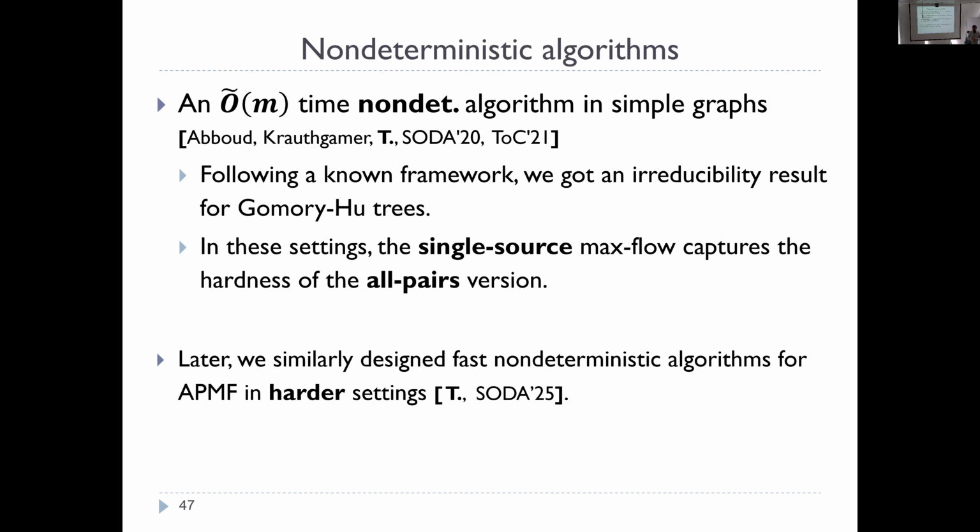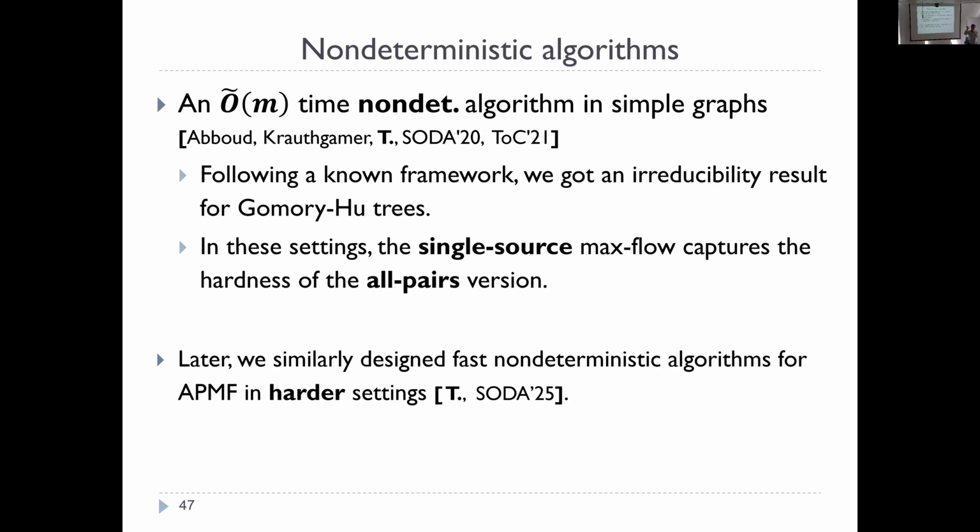Okay, so we show a near linear time algorithm, non-deterministic again, and then following a known framework in fine-grained complexity, we got an irreducibility result for Gomory-Hu trees for this problem. What does it mean, an irreducibility result? Given a problem, you might hope that you could show strong conditional lower bounds for that problem, assuming the popular SETH.